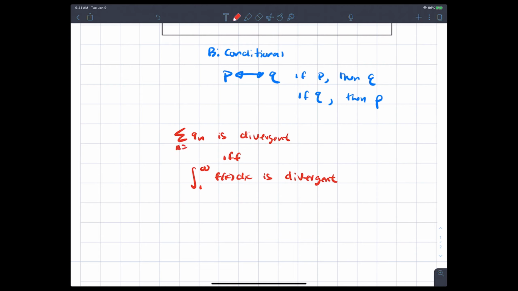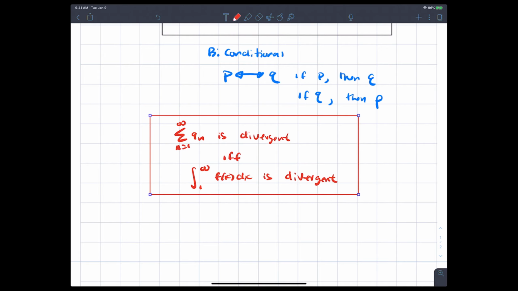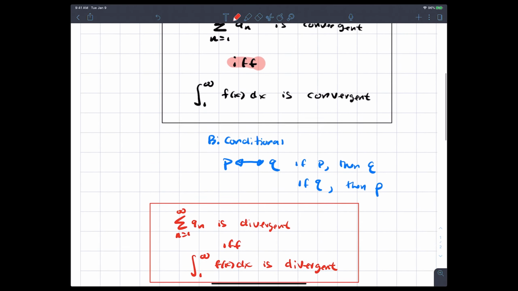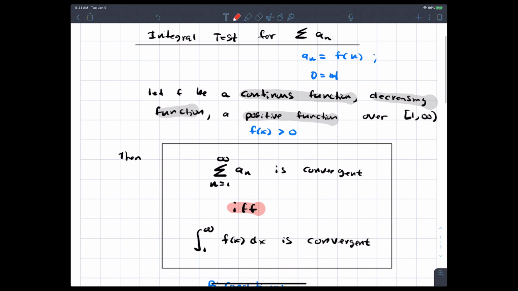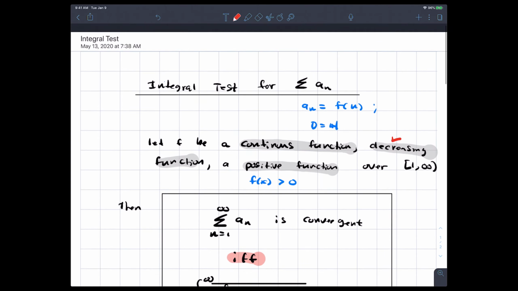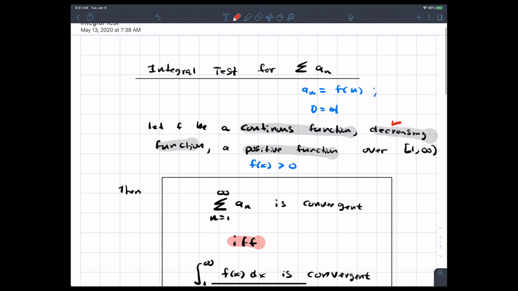So this is an extremely important test, and it really applies to particular cases. You might say, what cases does it apply to? Well, they're going to give you continuous functions, with terms that are strictly positive, but it applies strictly to decreasing functions.